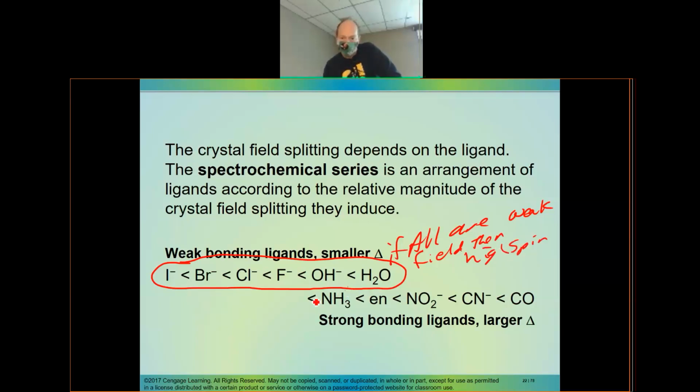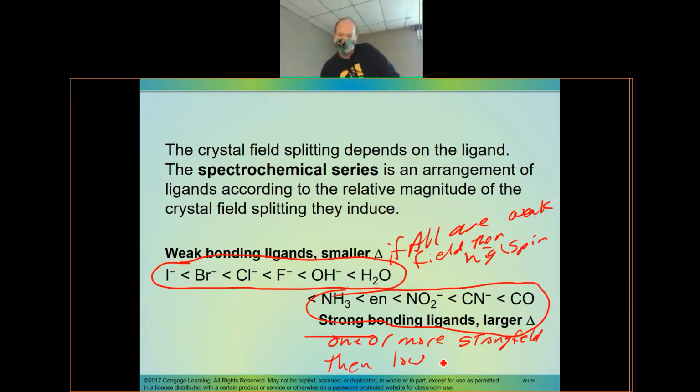If you have 1 or more strong field ligand, then it's going to be low spin, because you're going to have a very large delta.